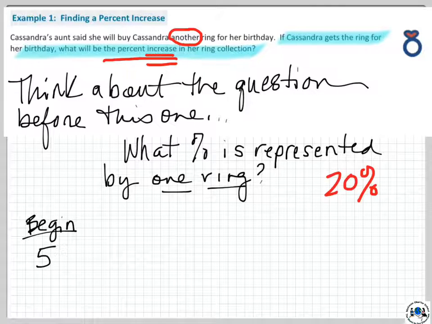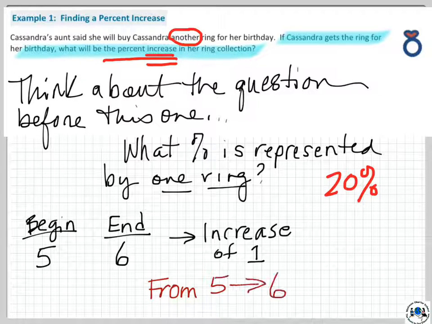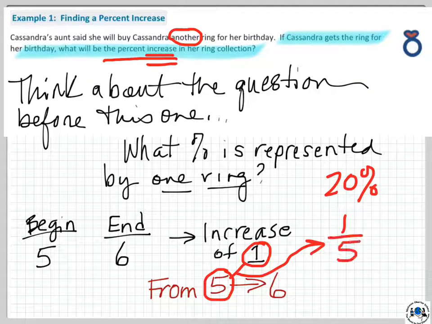So we began with 5, and then we would end at 6 if Cassandra's aunt bought Cassandra this one ring. It was an increase of 1 ring. From 5 to 6, that was 1. We're going to talk more about this as we move along in this lesson, but that original number, this idea of the original number being of utmost importance, was 5.